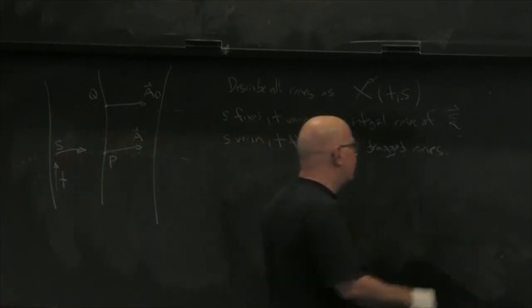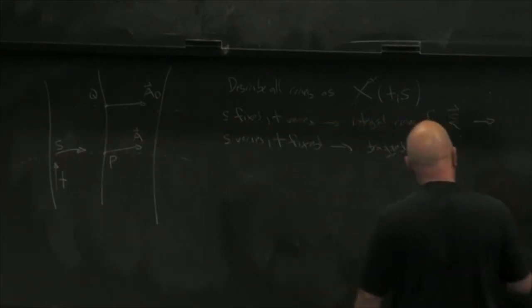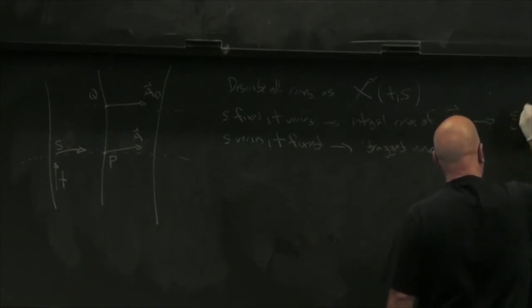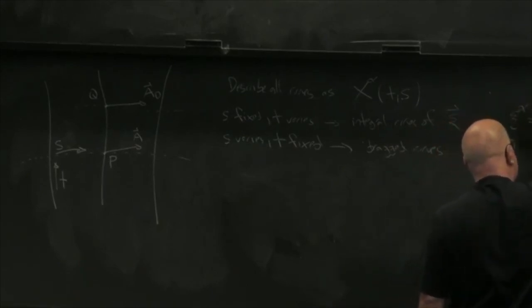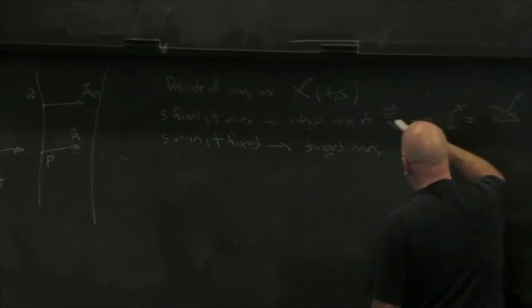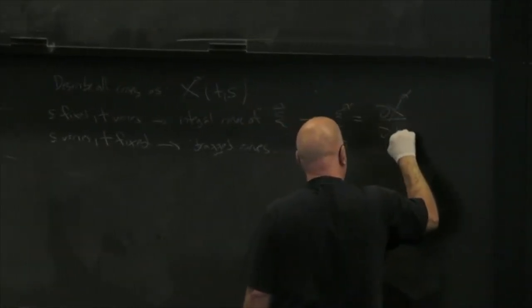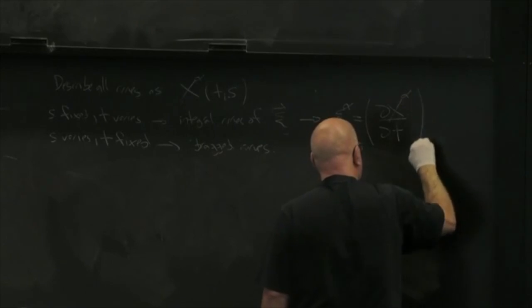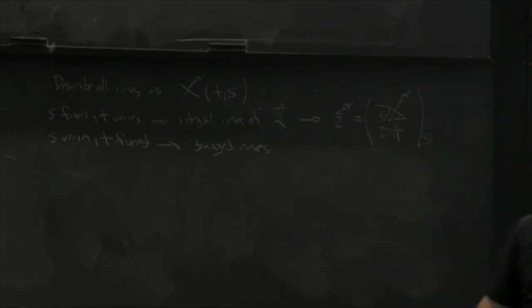So if I want to describe the vector field C, I can get that by differentiating those functions with respect to the running parameter at constant S. So that's a way of describing my vector field C in terms of a partial derivative with respect to t, understanding that when we take that partial, S is being kept fixed.